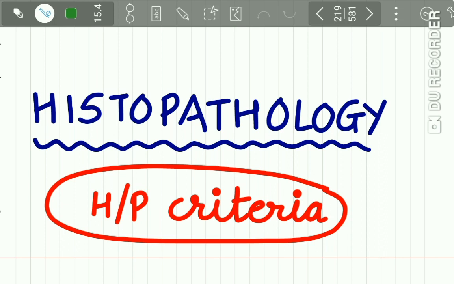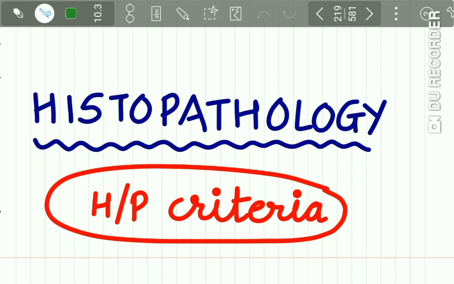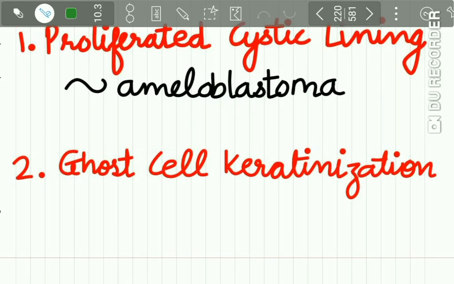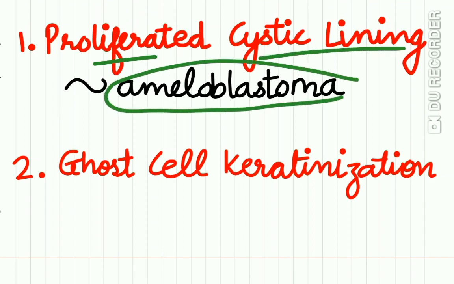Now the histopathology of COC. There are certain main histopathologic criteria for the diagnosis of COC. First criteria is the presence of a proliferated cystic lining which resembles an ameloblastoma.